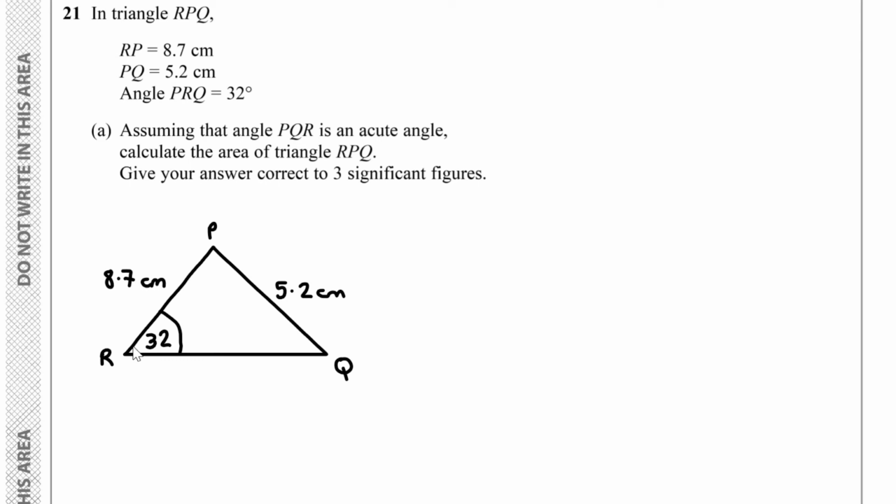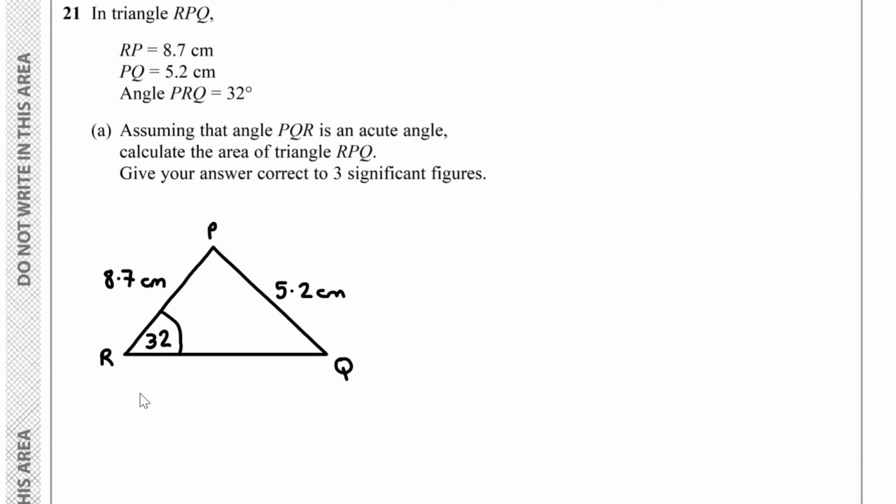So what you can see here, we've got the triangle RPQ. You'd find that this angle PQR is acute, and we've got the relevant dimensions. Now we need to find out the area of the triangle.